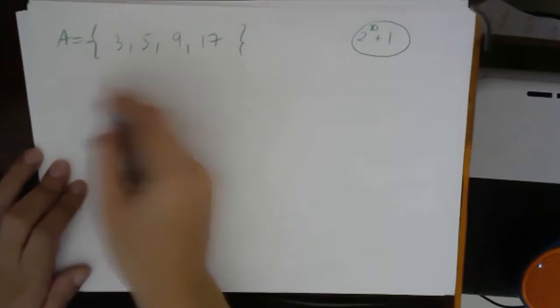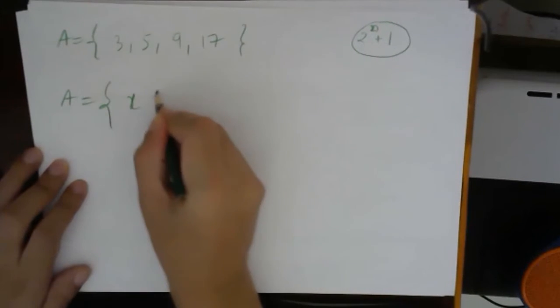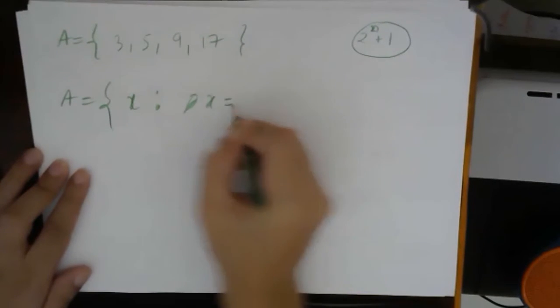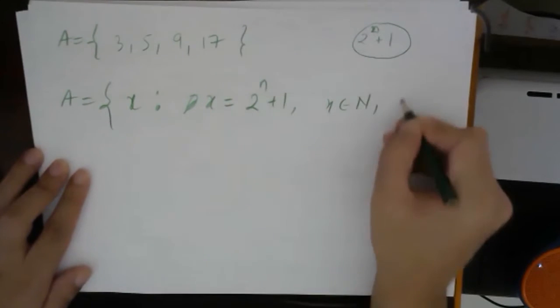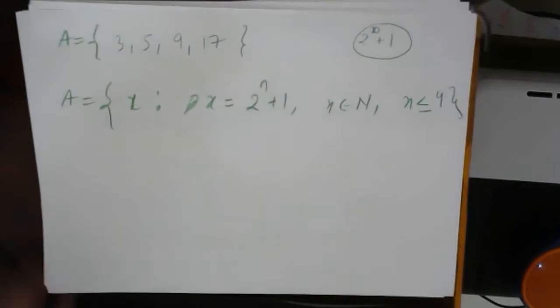The better way of writing is A equals x such that x equals 2 to the power n plus 1, where n belongs to natural numbers and n is less than or equal to 4. This is a better way of writing.